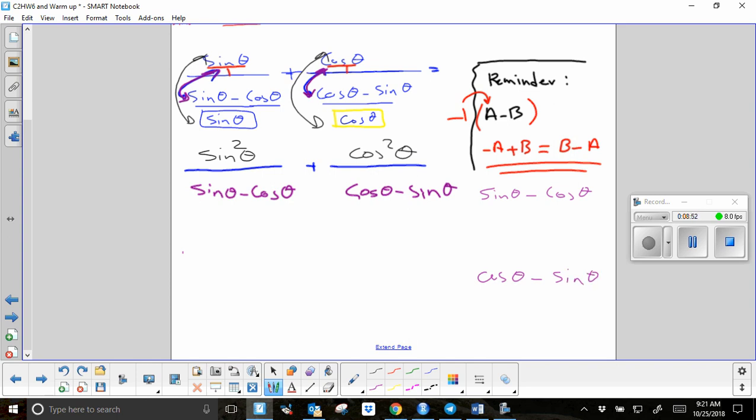Multiply it by negative 1. And that's what I'm going to do. See what happens? Minus sine of theta plus cosine of theta. And if I reorganize it, bring this to the front, cosine of theta, keep the signs of every term, and that's what I'm going to get. All I did was multiply it by a negative 1. So that was a quick reminder.